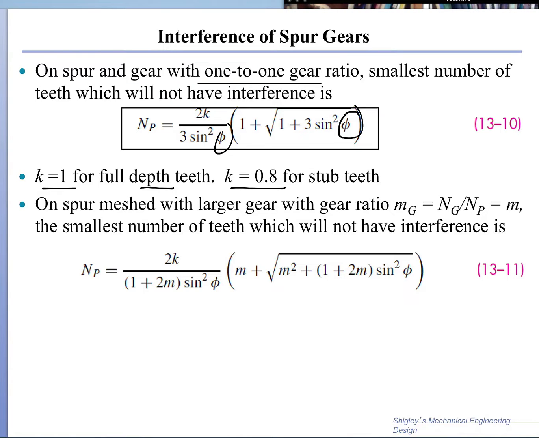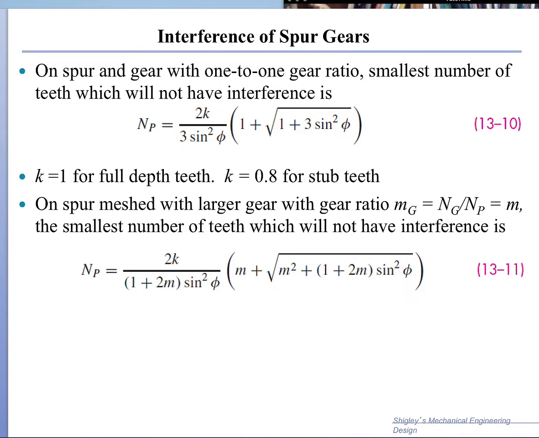However, if we have a pinion that is different from the gear, and we have a gear ratio m, the number of teeth of the gear divided by the number of teeth of the pinion, then this equation is generalized to equation 13-11.